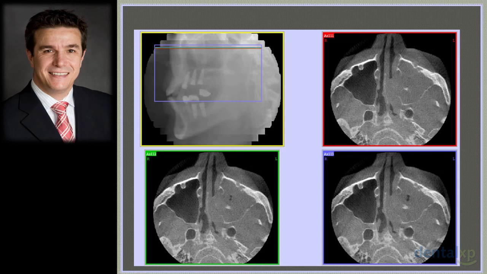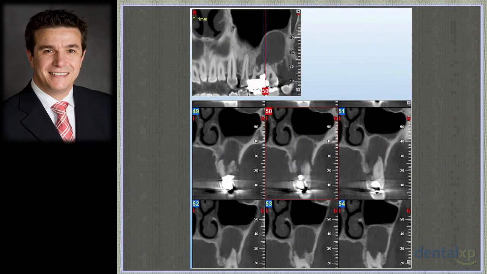All this because of a very, very small fragment of the maxillary sinus graft which got loose during second stage surgery, and now this has caused a tremendous inflammatory response which would require a hospital stay to be treated.